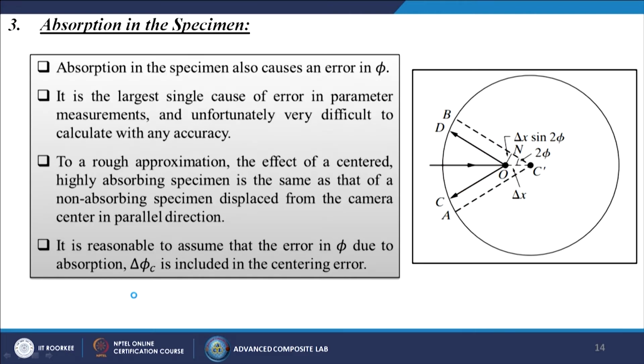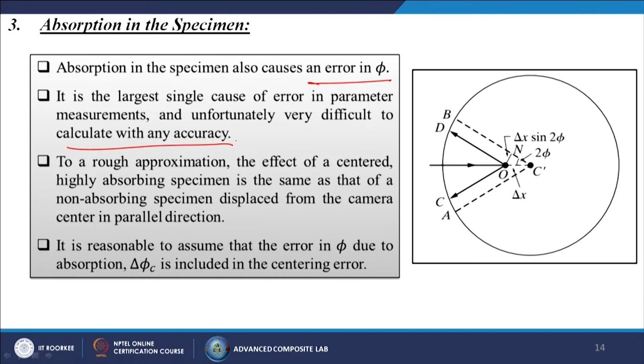Next we are going to discuss the absorption in the specimen itself. Absorption is also one kind of horizontal displacement type of error. Absorption in the specimen also causes an error in phi. It is the largest single cause of error in parameter measurements and unfortunately very difficult to calculate with any accuracy.